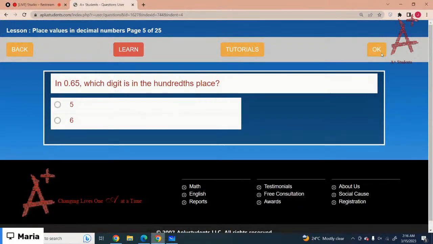Okay, in 0.65, which digit is at the hundredths place? Which is the correct option, 5 or 6? The digit that is at the hundredths, not 6. 6 is at the tenths place. 5 is at the hundredths place.